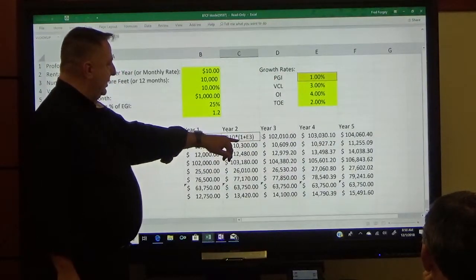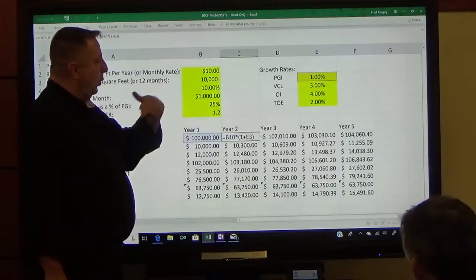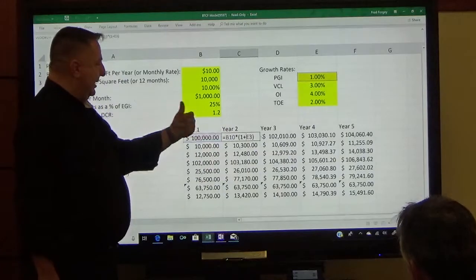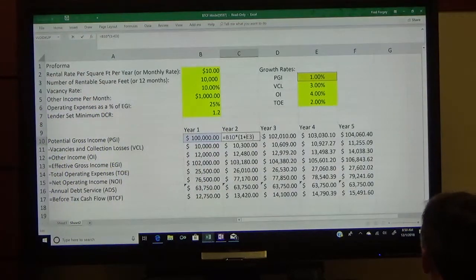So we're multiplying 100,000 times 1.01, and that gives us the 101,000. Okay, and then each subsequent year, we're just taking the previous year and doing the same thing. So obviously sequentially and incrementally, you're going to get interest in one sense, or growth on top of the growth.